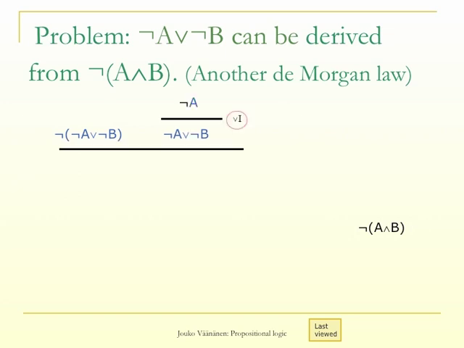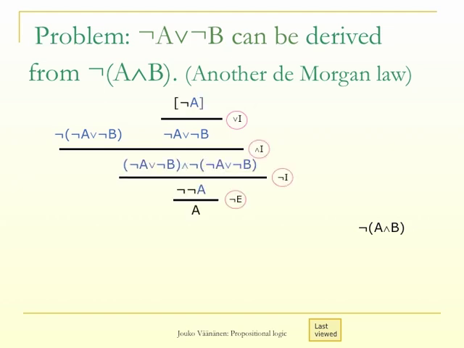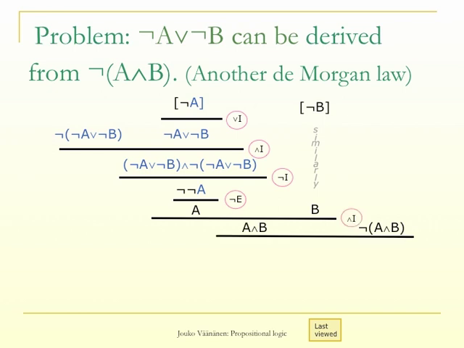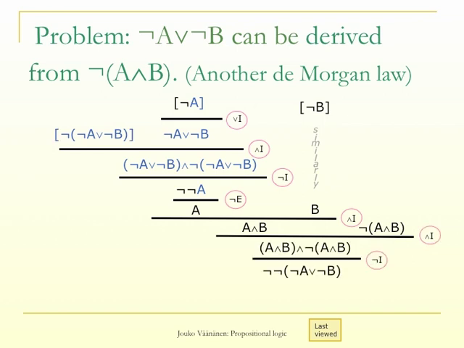We observe that if negation A is taken as a temporary assumption, we can derive not A or not B, which contradicts our assumption not left parenthesis, not A or not B, right parenthesis. So with the double negation trick, we can conclude A. Now we do the same for B. We have obtained A and B, so we can derive A and B, leading to a contradiction. The derivation is ready.